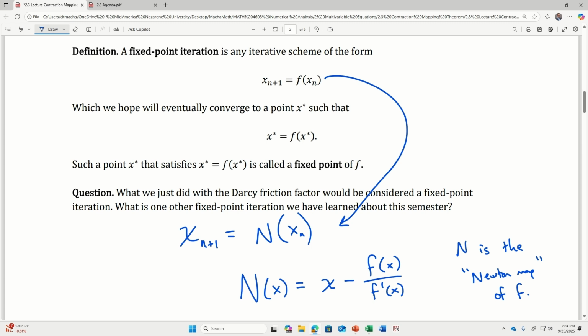But yeah, technically that makes any Newton's method iteration into one of these fixed point iterations.